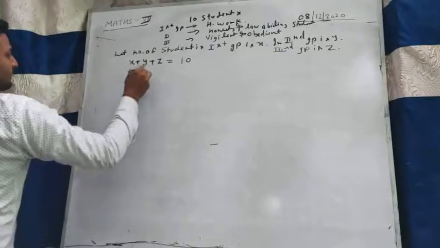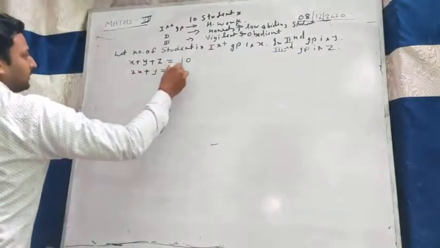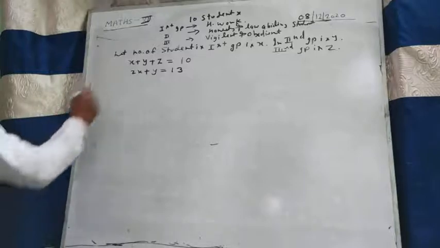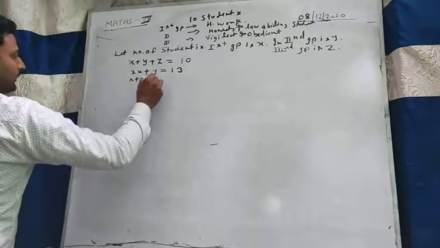And the second condition says that double the number of students of the first group added to the number of the second group gives 13, while the combined strength of the first and second group is 4 times that of the third group.